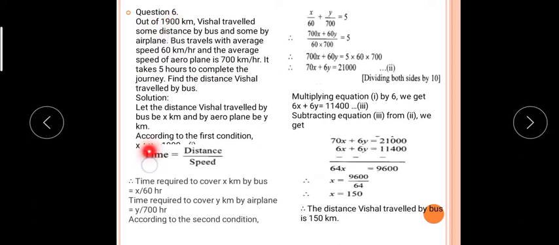And our first equation, it is not visible here, but it is x plus y is equal to 1900 kilometer.